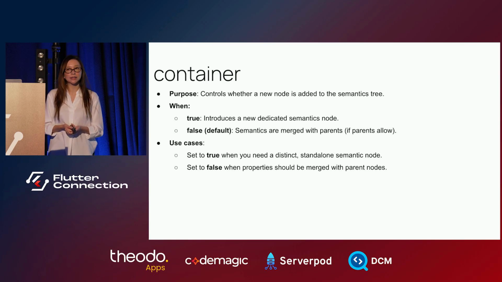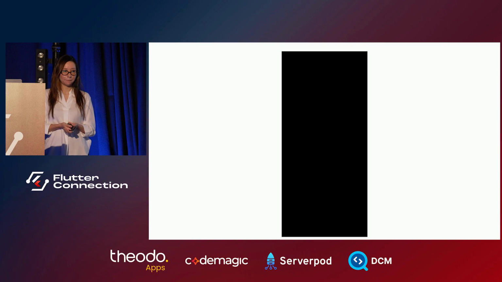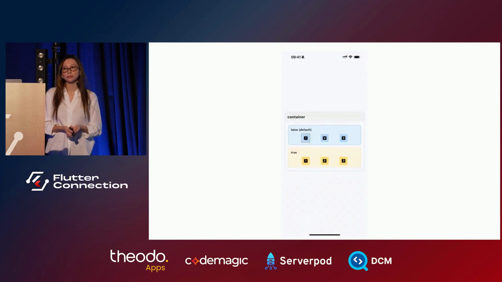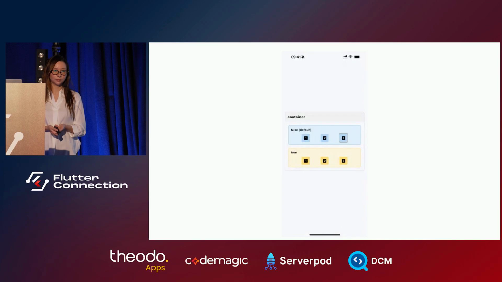The use case is that when you have a reusable component, or when you want to wrap multiple elements into one parent node. Container false, default: 1, 2, 3. True: Group, 1, 2, 3.